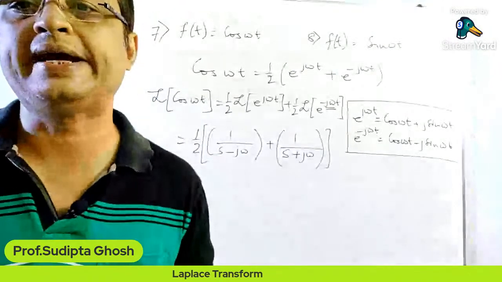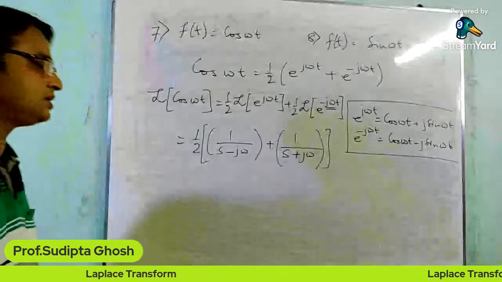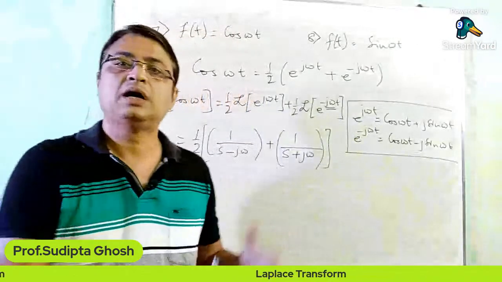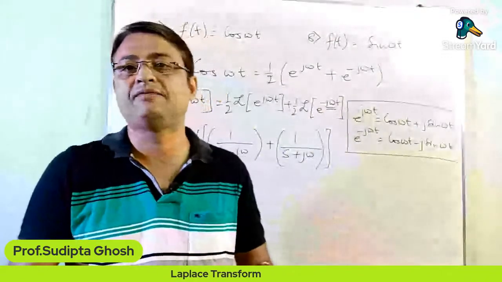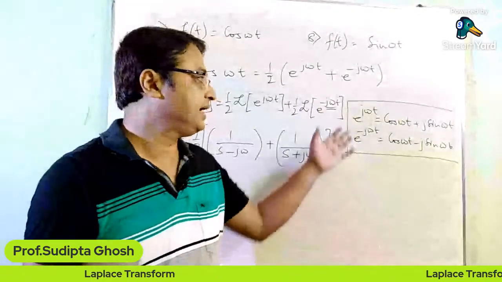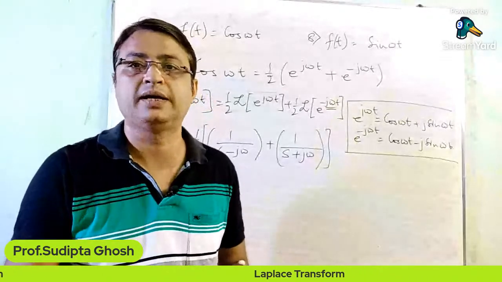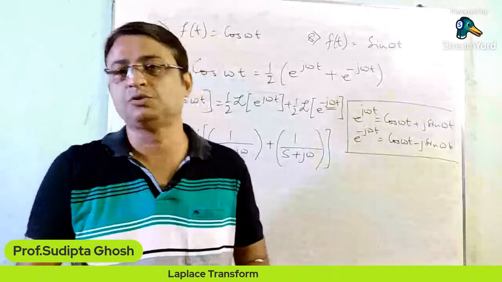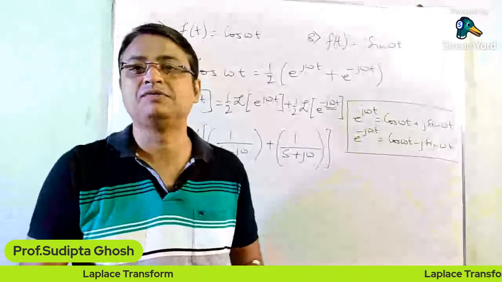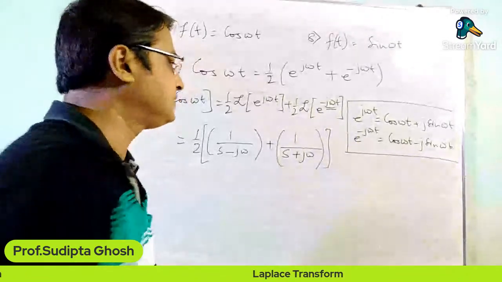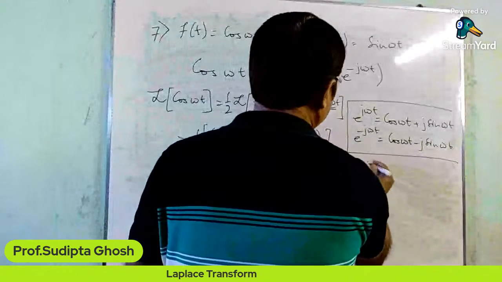Shushmita, sir, how does j come? J comes from de Moivre's theorem, and j is nothing but the complex number that in our earlier days we have written as i. So j is that particular complex quantity, equal to i. By using de Moivre's theorem we can write e to the power j theta.